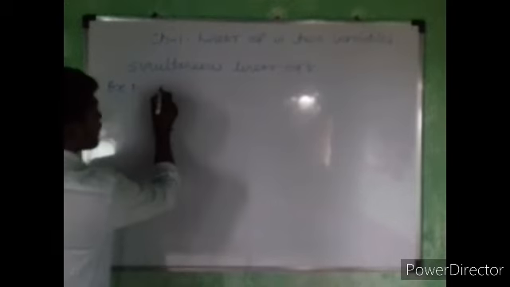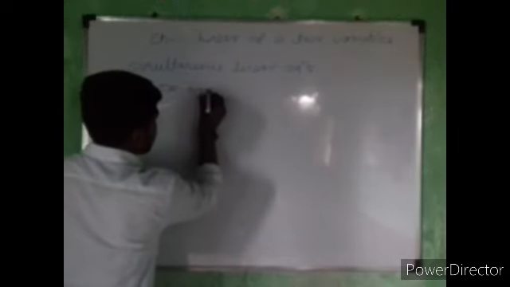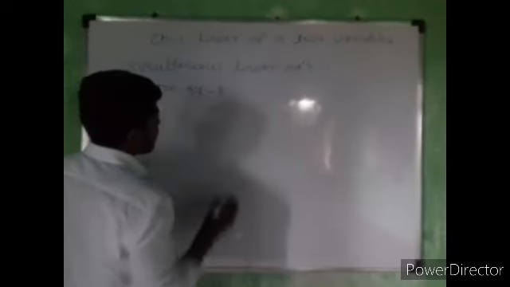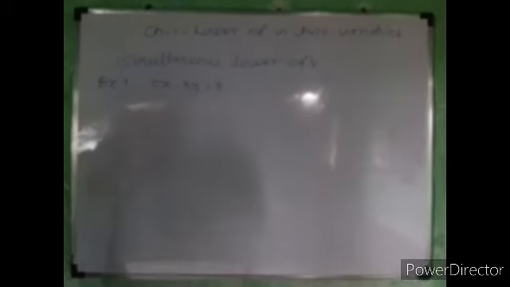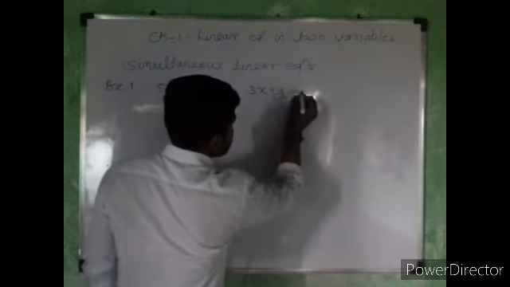Example first. 5x minus 3y is equal to 8. And the second equation is 3x plus y is equal to 2.